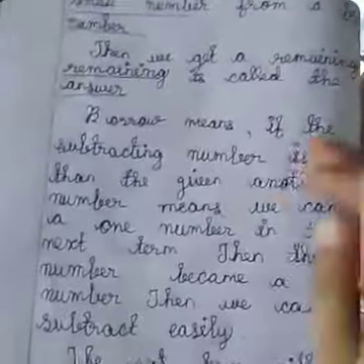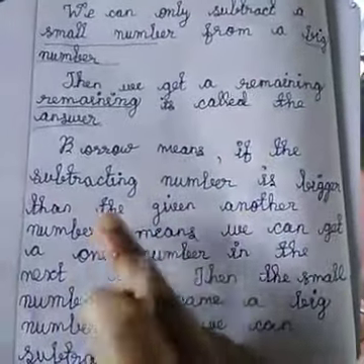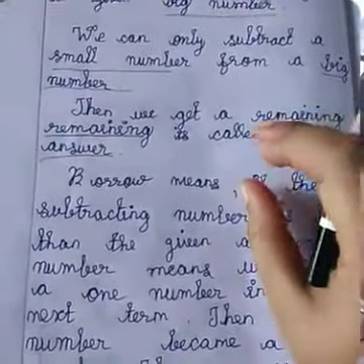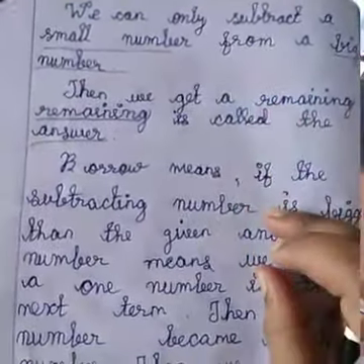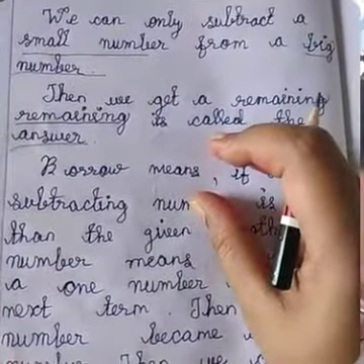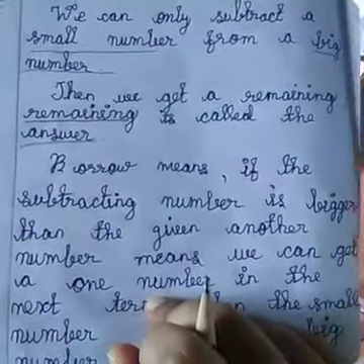Listen, borrow means the subtracting number is bigger than the other given number. We have two numbers. If the first number is bigger, we can easily subtract. But if the first number is smaller, we borrow one from the next place, the tens column. That is called borrow.